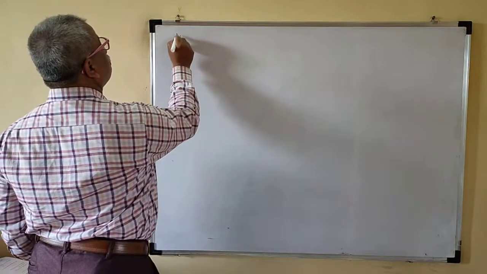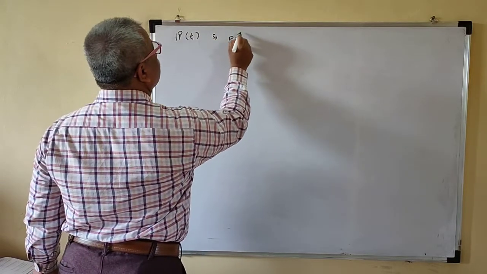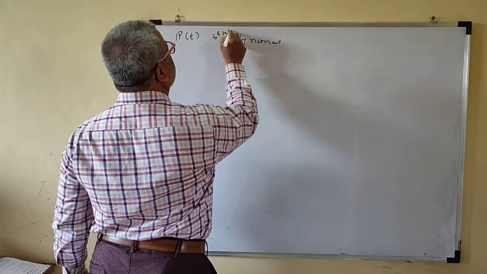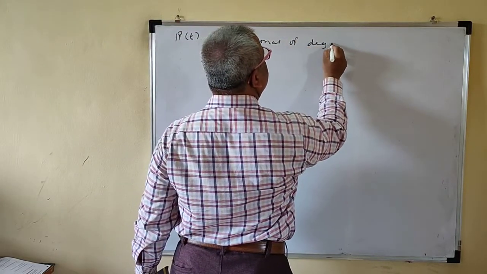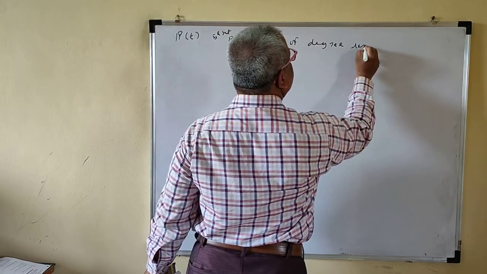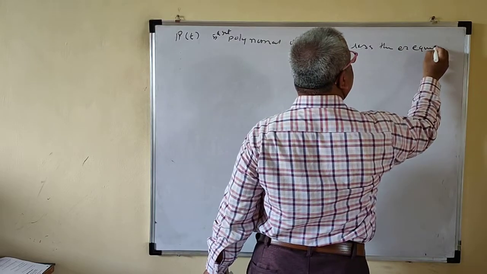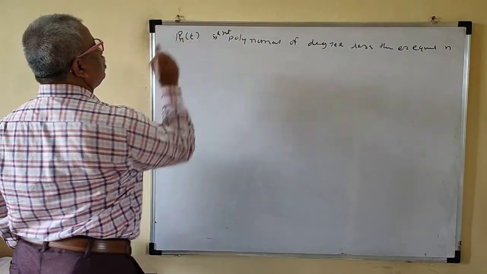So suppose Pt is a polynomial; the set of polynomials of degree less than or equal to n, we denote this by Pn.